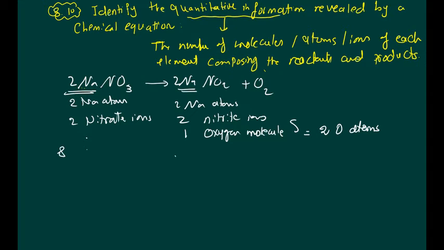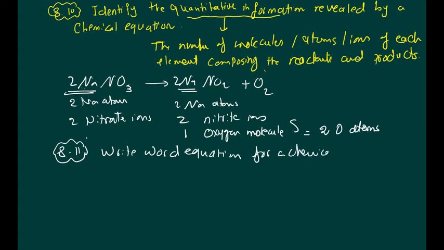Next KPI, you need to be able to write a word equation for a chemical reaction and vice versa. So you may get in the exam a chemical equation like the one I wrote above, and you are asked to change it into words.